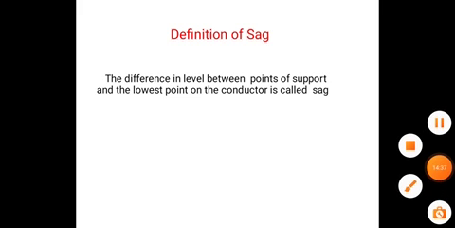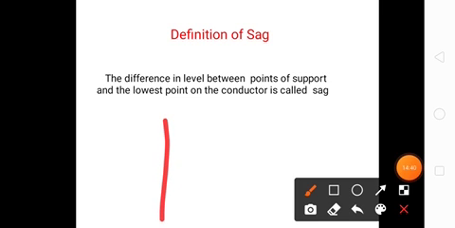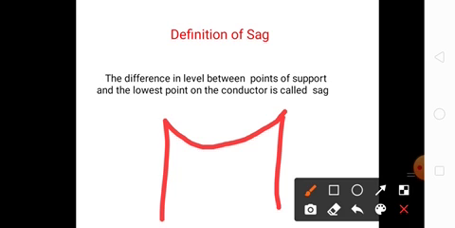That means here it is one pole, here it is another pole, in between there is a conductor, and here it is the sag. The conductor is not horizontal; slightly, because we are giving a loose connection between the poles, there is a dip.